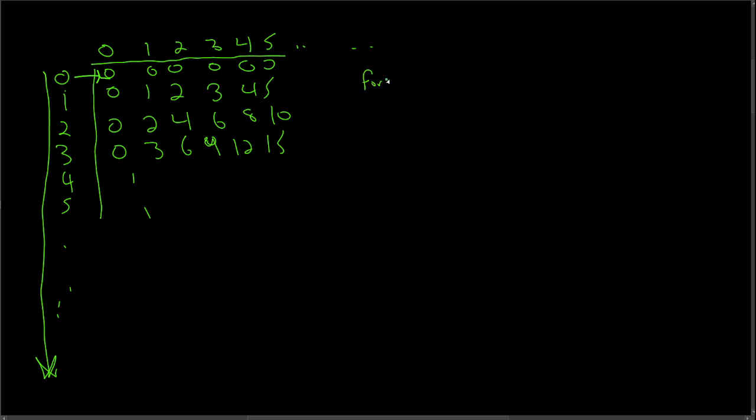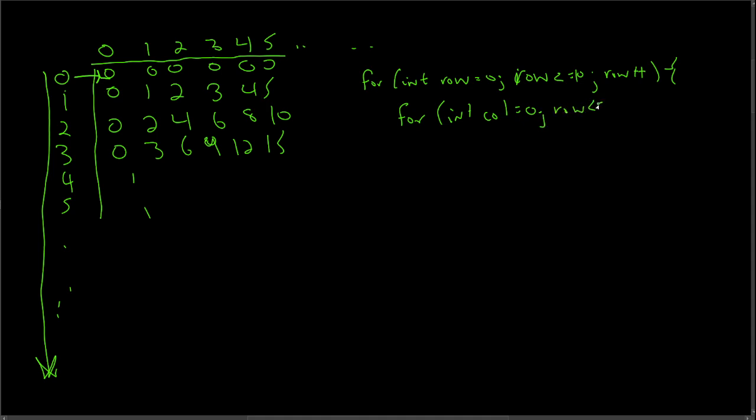So I'll set one loop for my integer row equals 0, and it will go up to 10. And then inside of that, I'll have a for loop for some integer column equals 0, which will go up to 10.